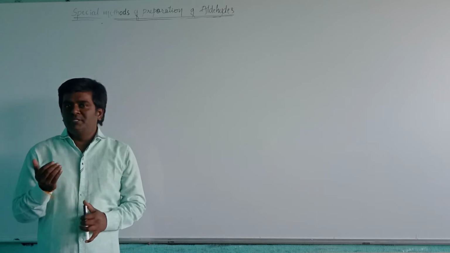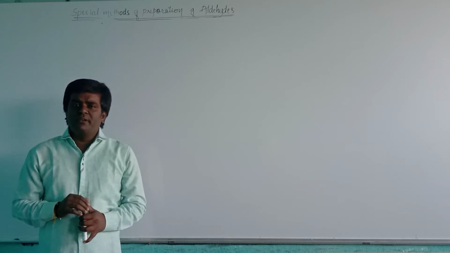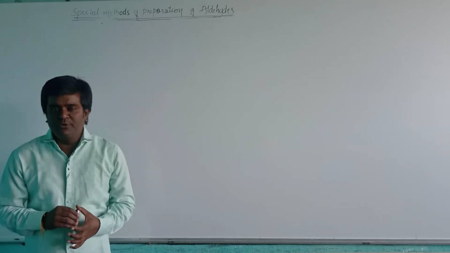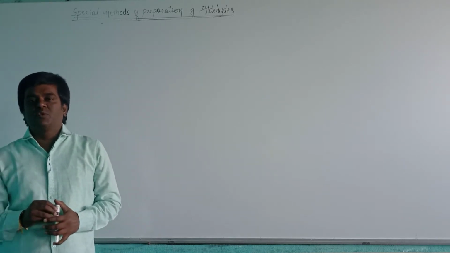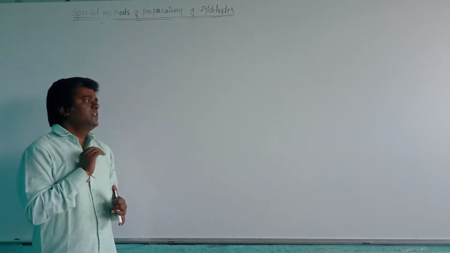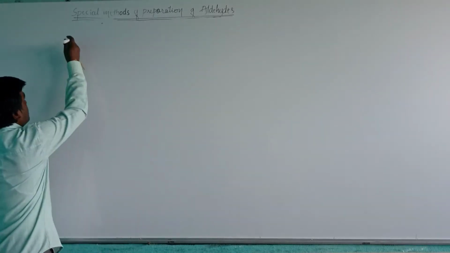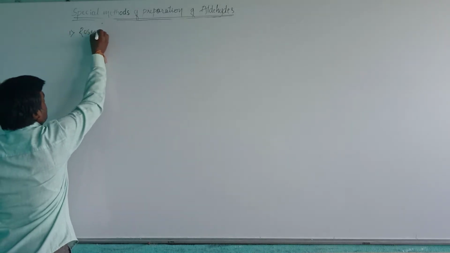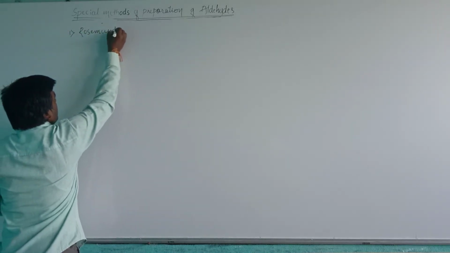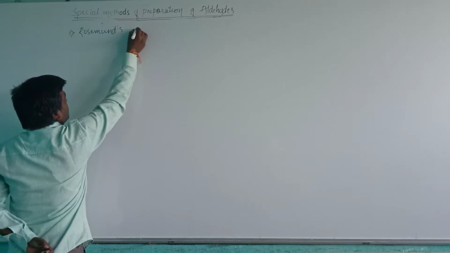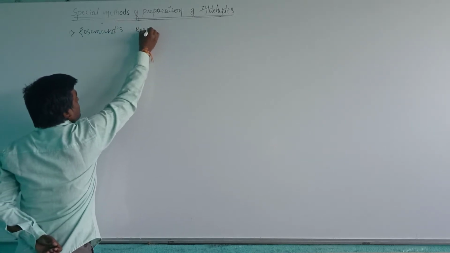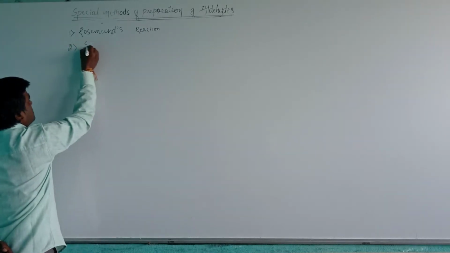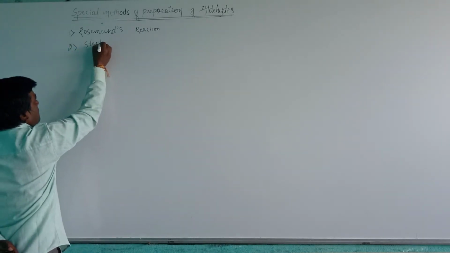First one, Rosenmund's reaction. Second one, Etard reaction. Third one, Stephen reaction. And fourth one, Gattermann-Koch reaction. Let us see one by one. The first reaction is Rosenmund's reduction reaction. The second one, Stephen reaction.